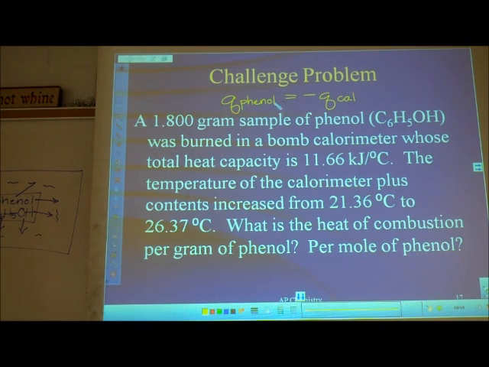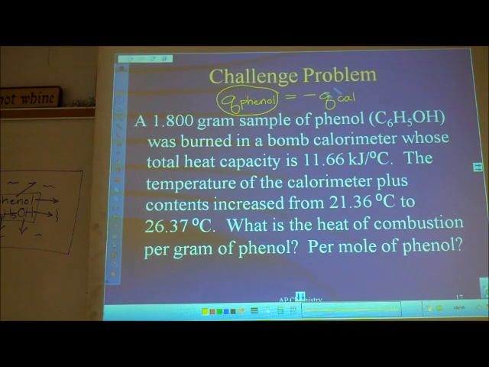The phenol reaction is releasing heat, the calorimeter and the water are absorbing it. Okay, well guys, when the question says what is the heat of combustion, they're asking me to solve for this. This is my unknown. How much heat in this combustion reaction is being released?